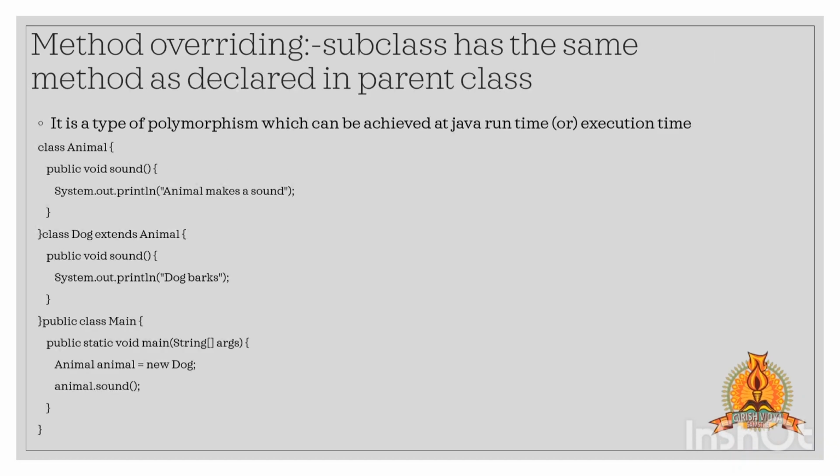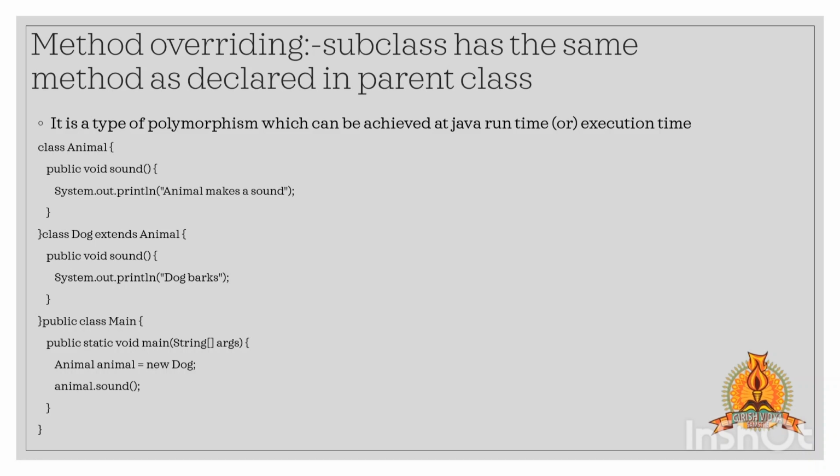Then move on to method overriding. Subclasses have the same method as declared in the parent class. Whatever the parent class has, the subclass will also have. For example, class Animal. The class name will be Animal, right? So that Animal will be present in the subclass, that is Dog, in the form of Dog extends Animal.